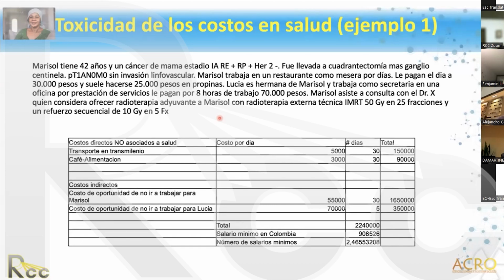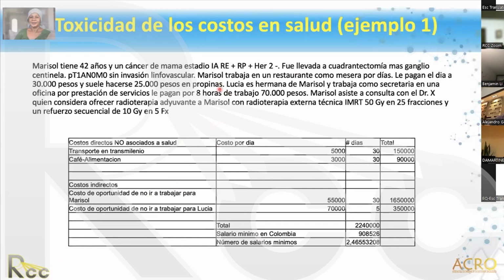We have a patient, Marisol, 42 years old. She has early stage breast cancer. And in this case, Marisol was taken to a radio sentinel, and Marisol works at a restaurant. She is a waiter.